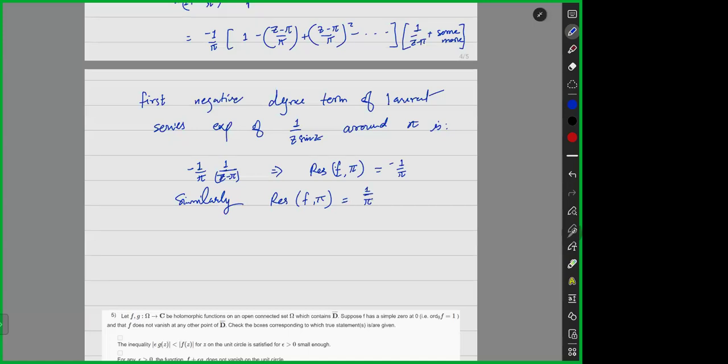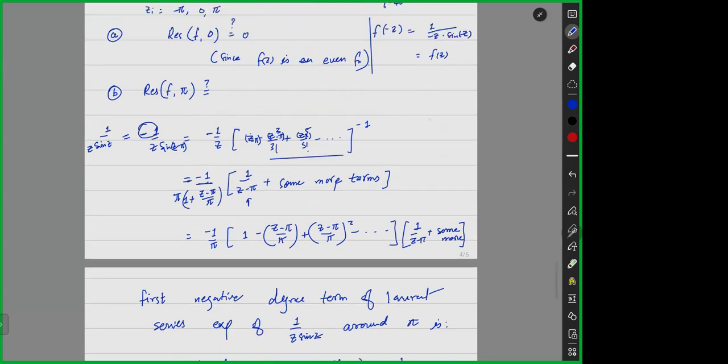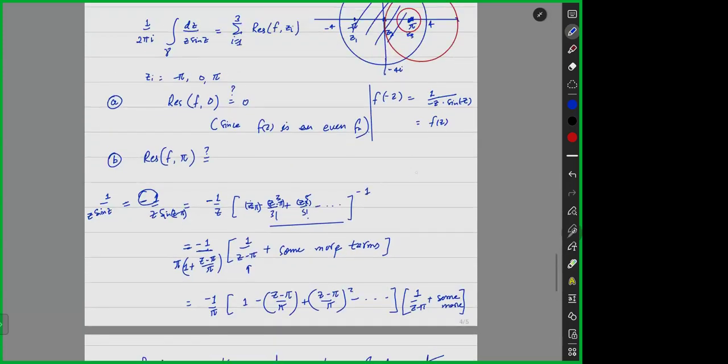because this minus appears when you take, here we had some calculation, sin z is equal to minus of sin z minus pi.